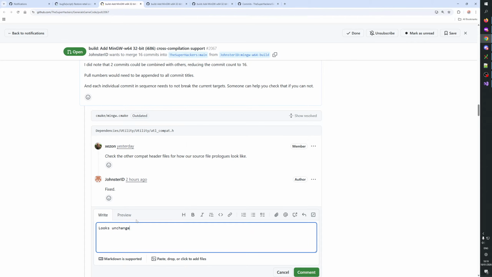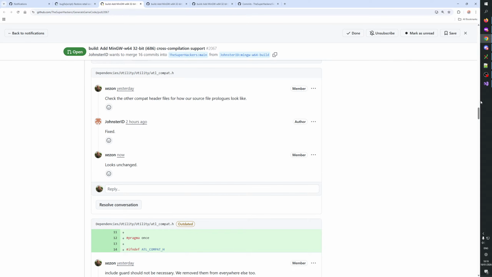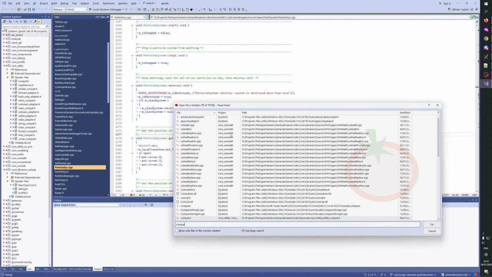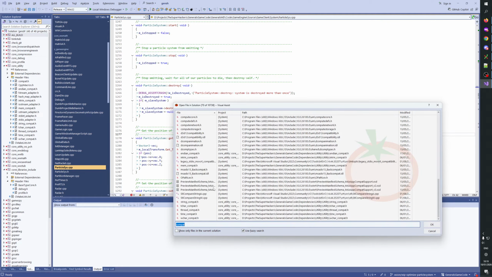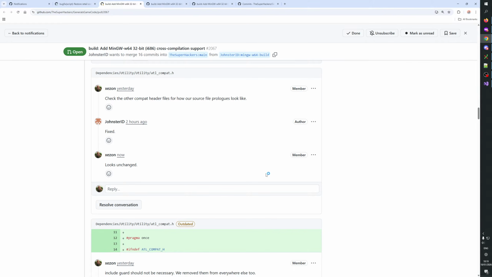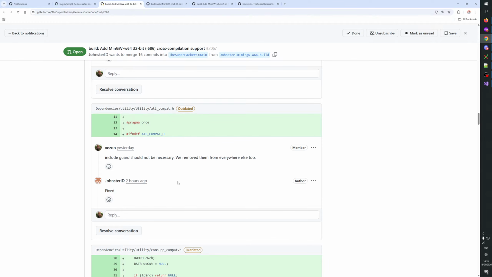Looks unchanged. Include guards should not be necessary.